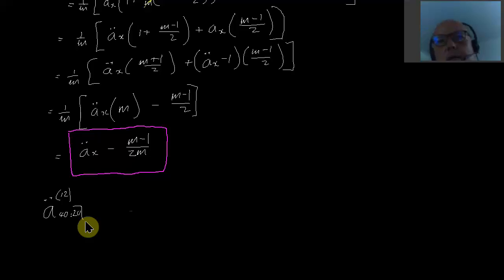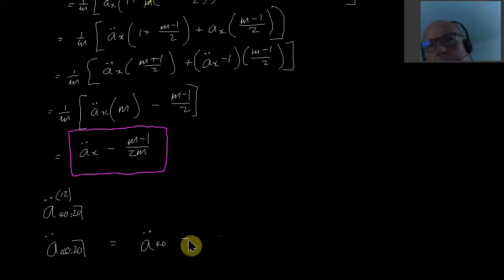Well, first of all, let's do this, which we did in the last lecture. So that's a double dot 40 minus v to the 20, 20p 40 a double dot 60.